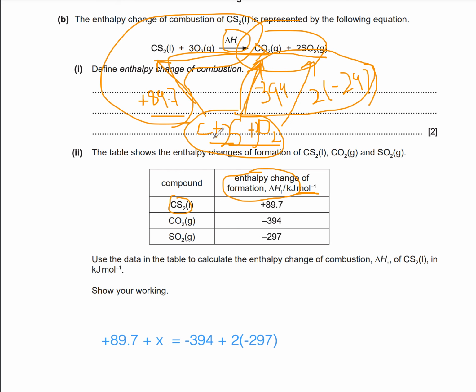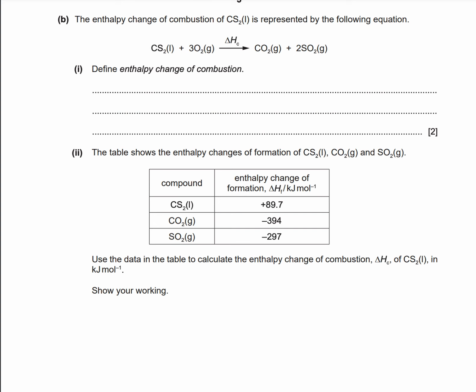So it starts from carbon, 2 sulfur and 3 oxygen gas molecules, and it ends at carbon dioxide and 2 sulfur dioxide. Over here, both the ending point and the starting point are the same. So we can equate the two because the answers would be the same. That's the Hess law, and that's how you calculate the enthalpy change.